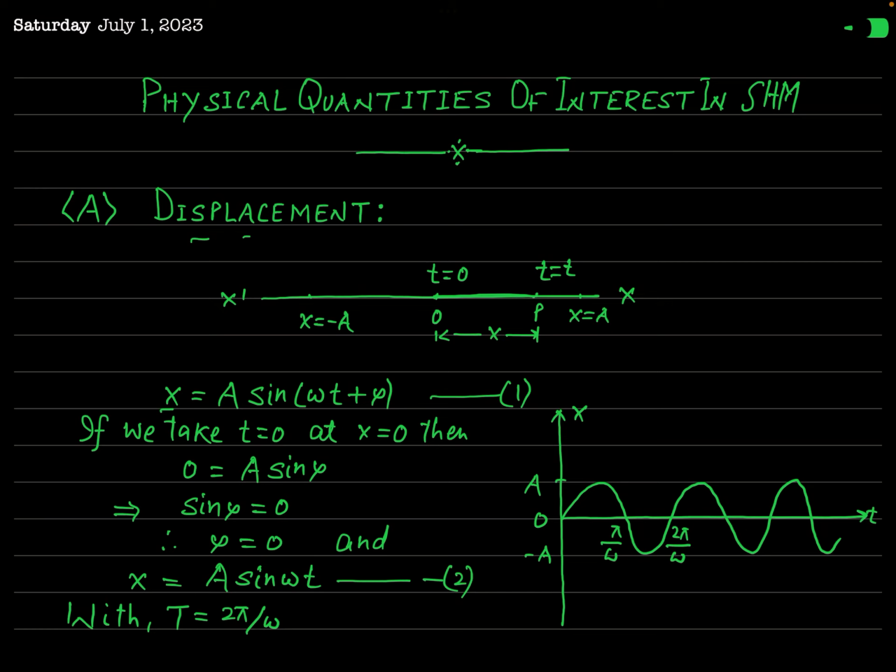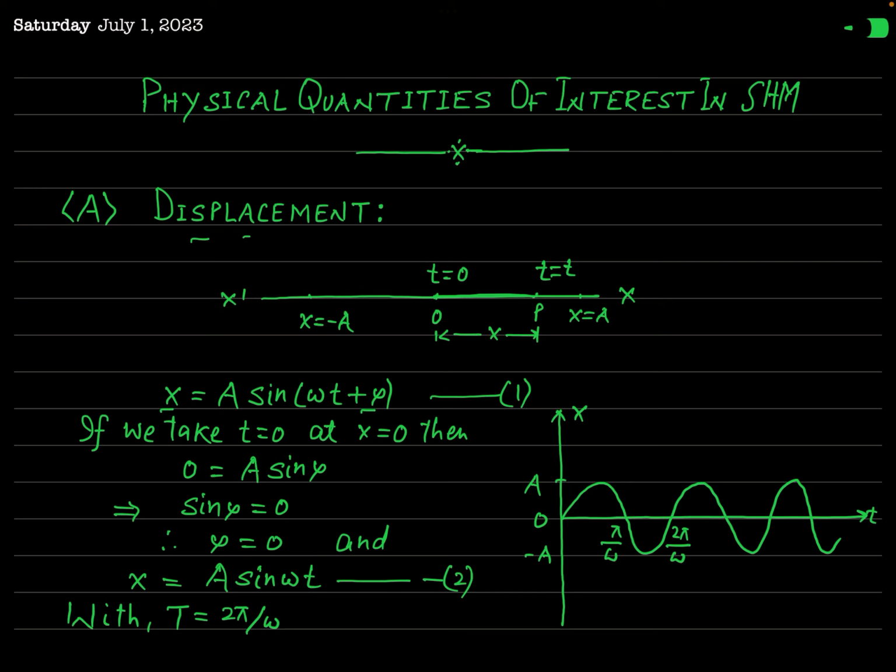You know this phi is called the phase constant, or it is also called the initial phase or epoch. And you have learned earlier that the value of this phi depends on our selection of reference time t equal to 0. It means the position of the particle when you take t equal to 0 actually determines the value of phi.